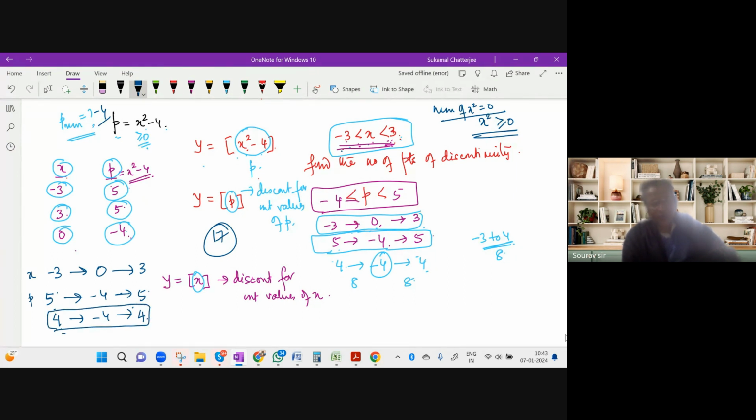So -3 to 4, there are 8 numbers. -3, -2, -1, 0, 1, 2, 3, 4. 8 numbers. So between -3 to 4, 4 included, there are 8 numbers here. And on this side also there are 8. And then you have -4 in between, which is 1. So 8 plus 8 plus 1, 17.